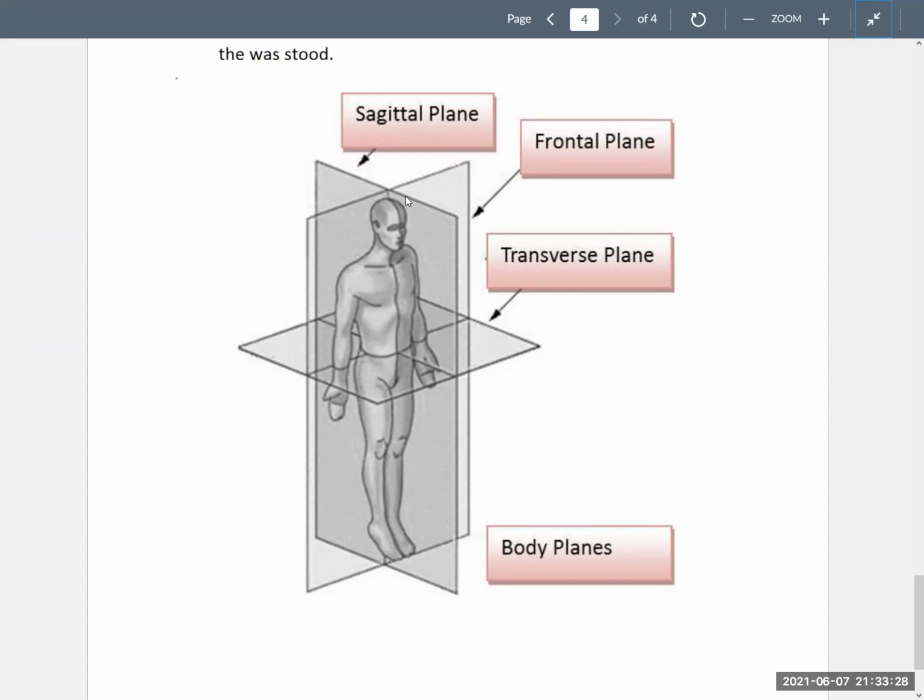A sagittal plane would be to take the person and slice them right down the midline. The sagittal plane that goes right down the midline is called the mid-sagittal plane. You can also have a sagittal section off to the side.